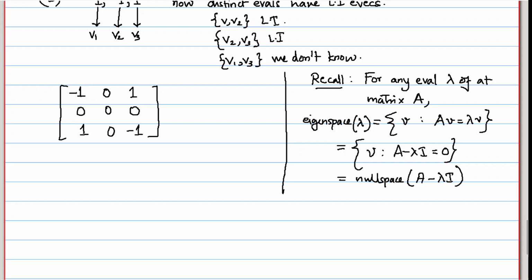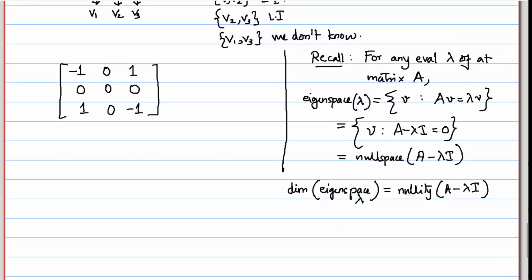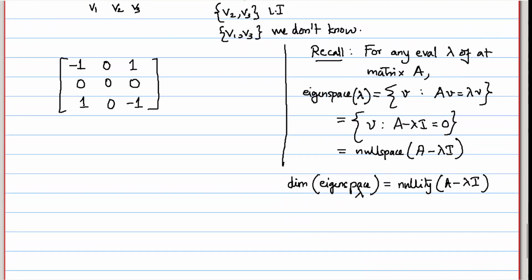Also notice, what will be the dimension of the eigenspace of lambda? It will be the nullity of A minus lambda I. One more thing I want you to notice: dimension of eigenspace means what?